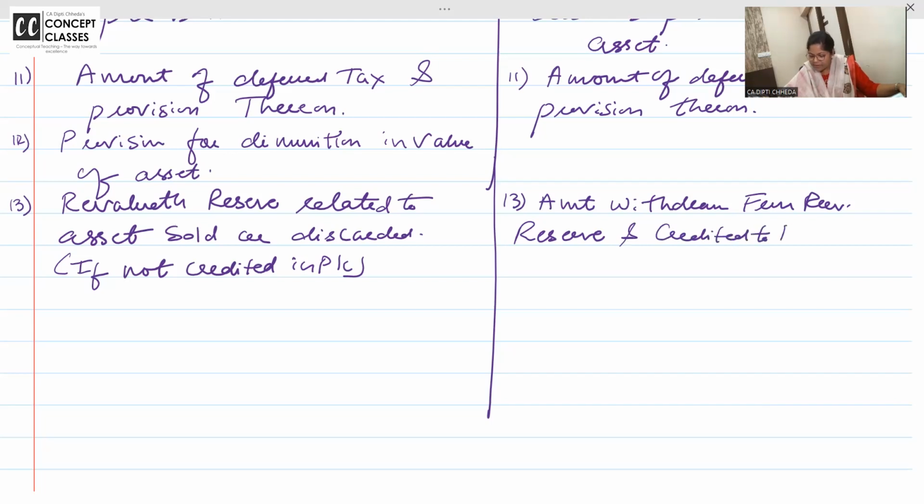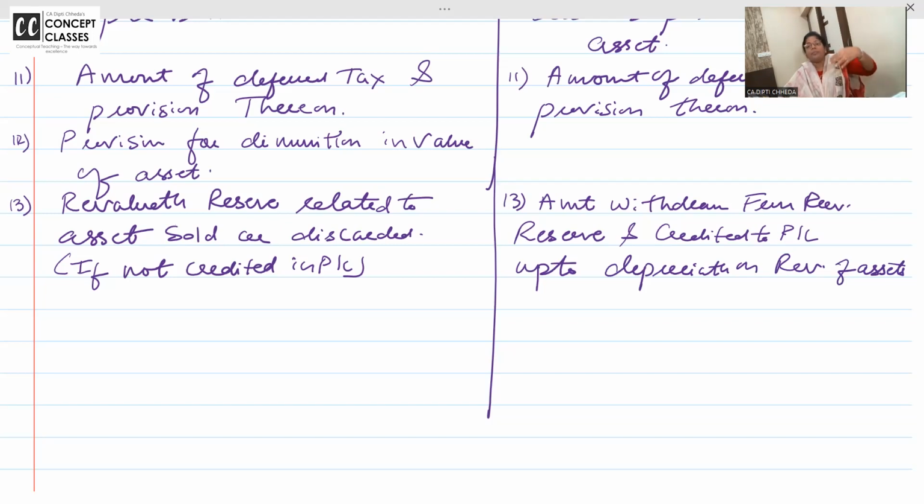You have already credited it to P&L. You have to remove it, less it. Up to what amount do you have to remove? Up to depreciation on account of revaluation of assets.